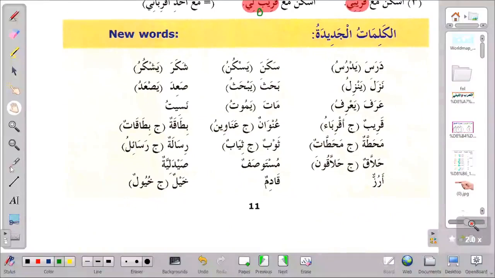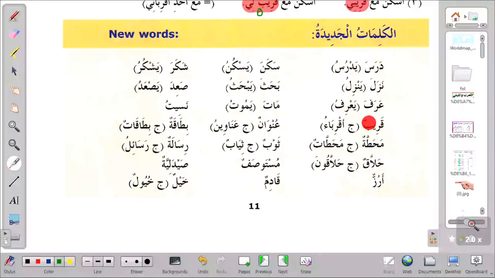Now al-kalimatul jadida. Gradually we have come to the ending. So kalimatul jadida. Darasa, he studied. Yadrusu, he is studying. Nazala, he descended. Yanzilu, he is descending. Arafa, he knew. Ya'rifu, he is knowing. Qaribun, a relative.